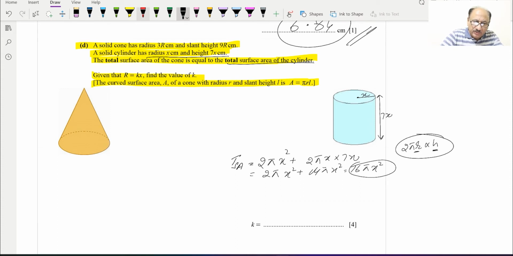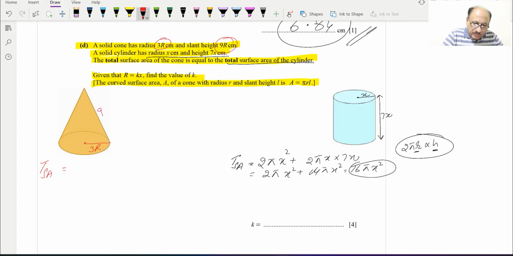Similarly, we can find the total surface area of the cone. The radius given for the cone is 3r, and the slanting height given is 9r.